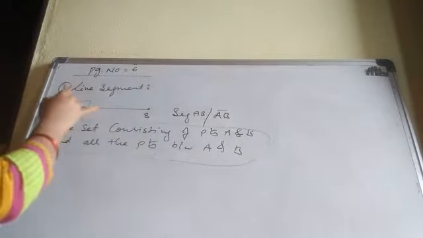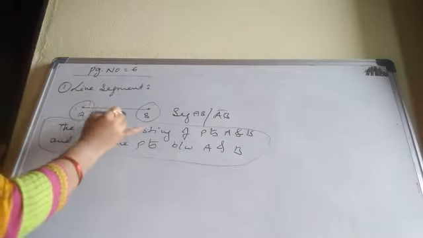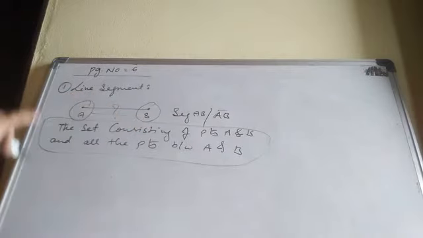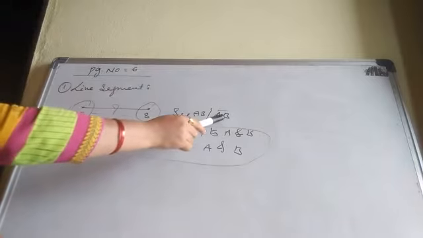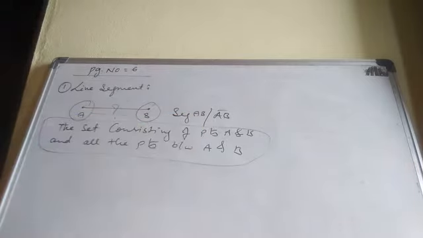Here this point and this point, the points between these two points are also included. Together, what is formed? Segment AB. This is how we can write the name of the segment AB symbolically.